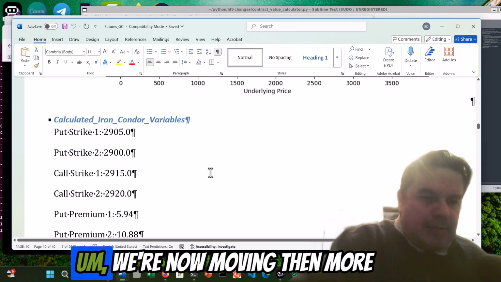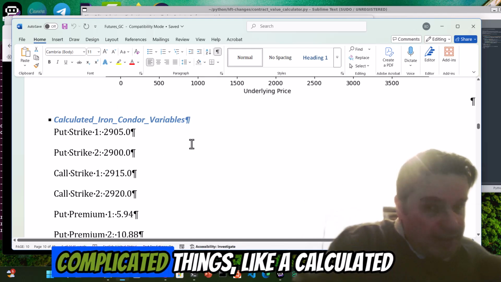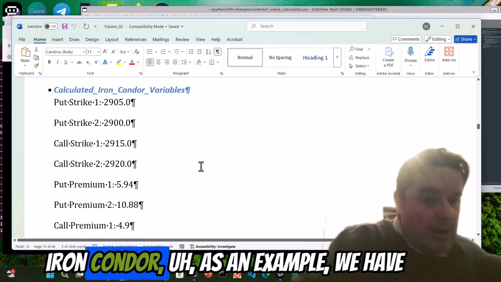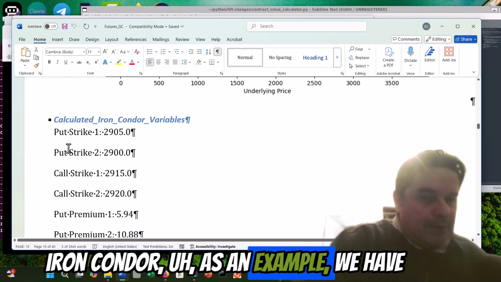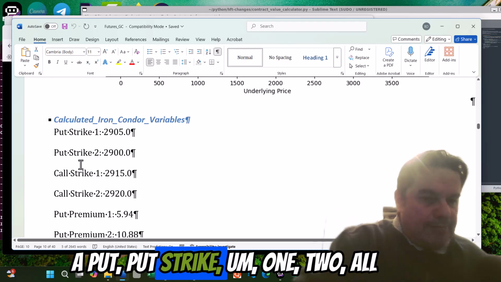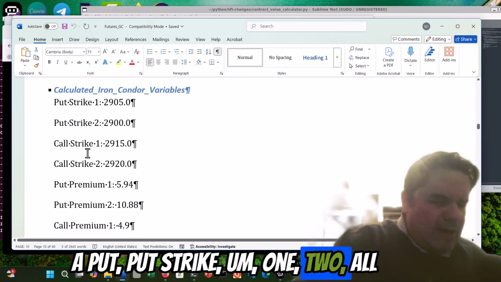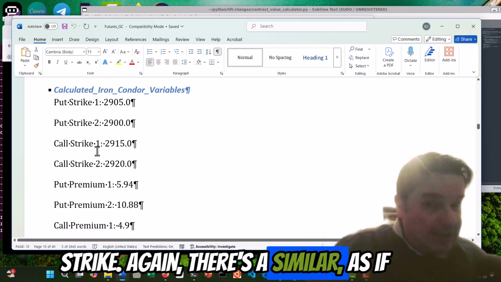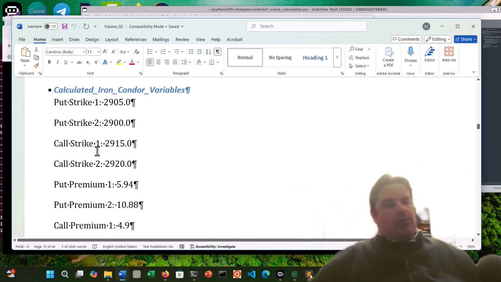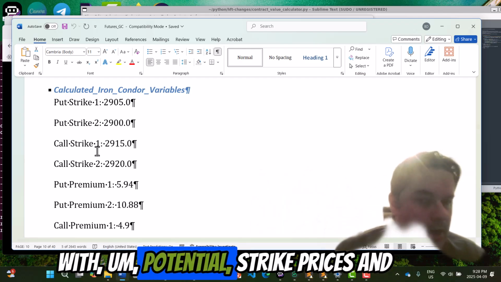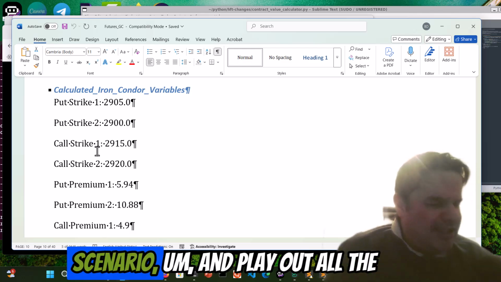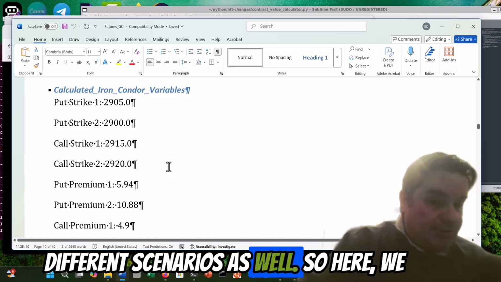So here, we're now moving into more complicated things like a calculated iron condor. As an example, we have our put strike, one, two, call strike. And again, this is simulated as if you were to play with potential strike prices and scenarios and play out all the different scenarios as well.